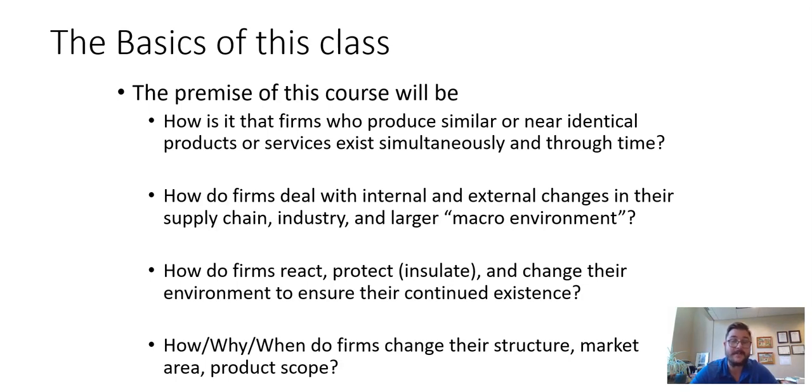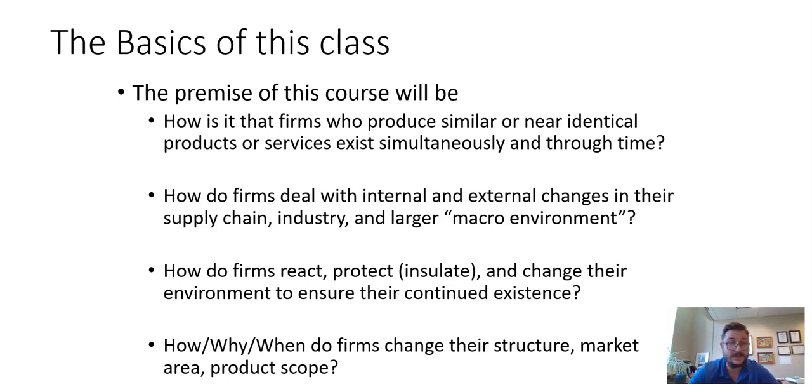So all the things that make up the product or service that they provide, industry, all of the companies that they are competing with, both directly and indirectly, and this larger macro environment. How about changes in Federal Reserve policy? How about changes in taxation? How about changes in types of regulations that a company might face? How are companies going to deal with that so that, again, they can exist through time?